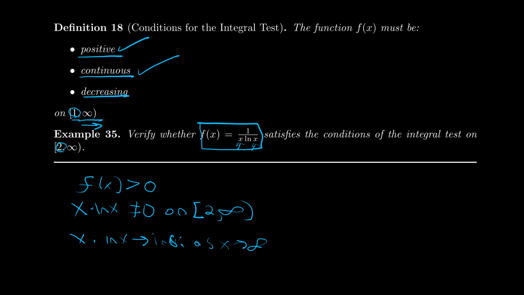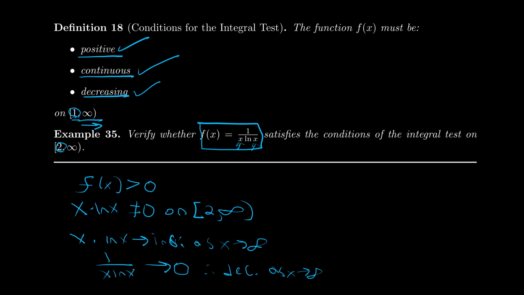That means its reciprocal, 1 over that, means we're dividing by a larger and larger number. So this thing is going to go to 0. Therefore it decreases as x goes to infinity. Okay, so it is decreasing also. So it satisfies the conditions of the integral test.